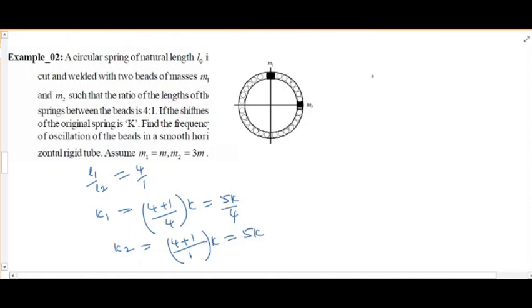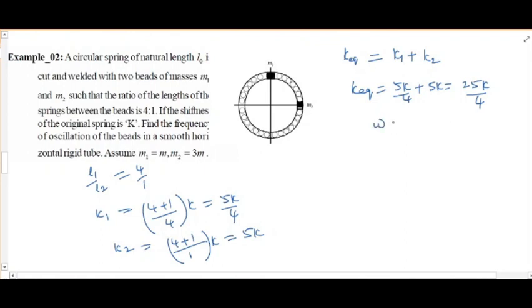Here the two springs are connected in parallel, therefore K equivalent is K1 plus K2, which is 5K by 4 plus 5K. This becomes 25K by 4. This is K equivalent.